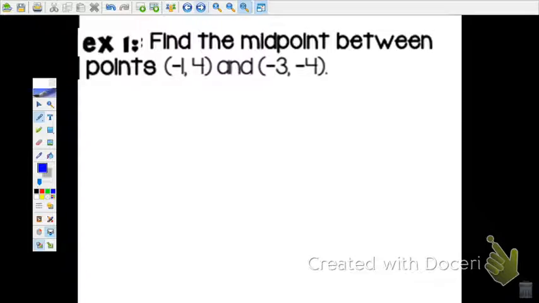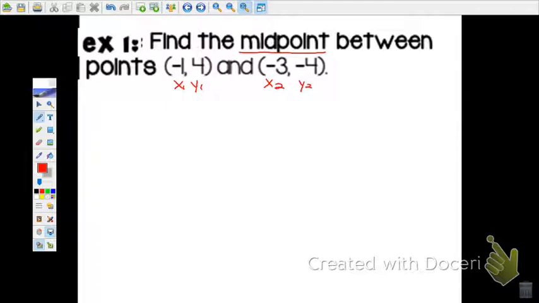When I look at this first example, I want to find the midpoint between the points -1, 4 and -3, -4. I'm first going to label those two endpoints x1, y1, and x2, y2.